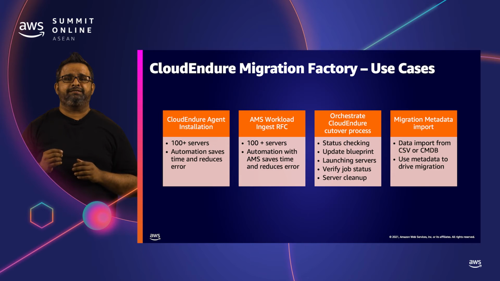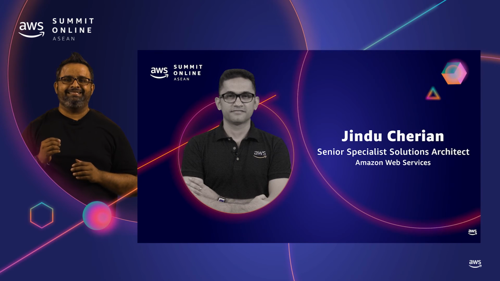The last use case is where you have inventory data in many source formats such as CSV files, or various CMDB solutions. The solution allows you to easily ingest and centralize all the inventory data into the centralized metadata store for automation and migration execution. I will now pass this session to Jindu for the demo.